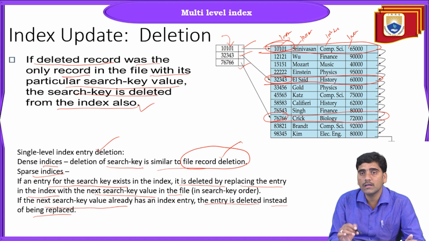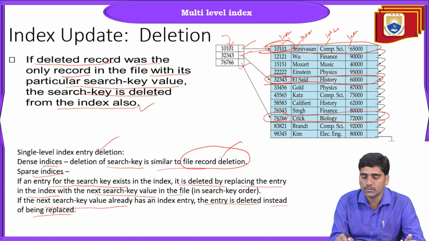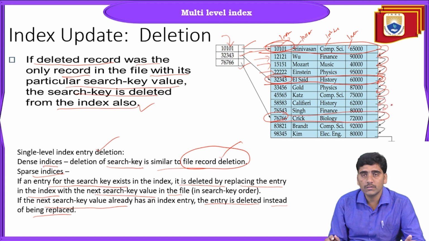So that means search key order. So this is one, the next one, this one, next one. The way each and every record is pointing to the next record, that is what sparse indices entry deletion is.